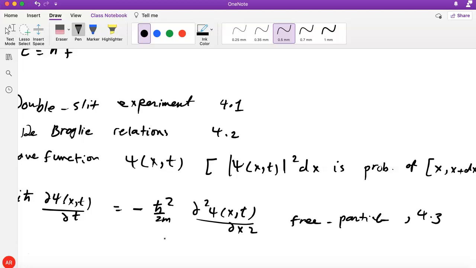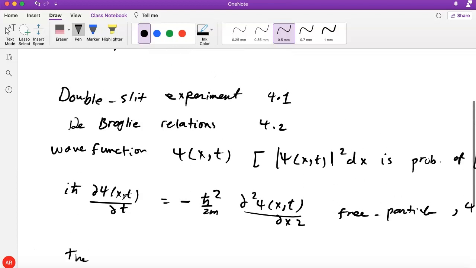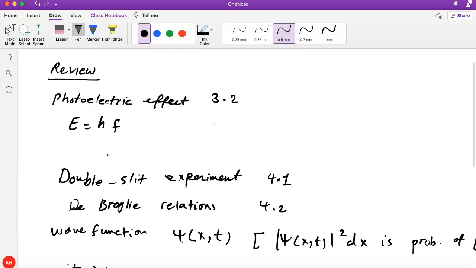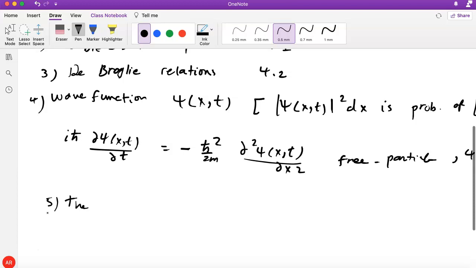So to write the more general equation, it makes sense to add the potential to this. So the last thing we discussed was the Schrodinger equation. Let me put some items here because one of them took 2 lines. So let's say 1, 2, 3, 4, 5.